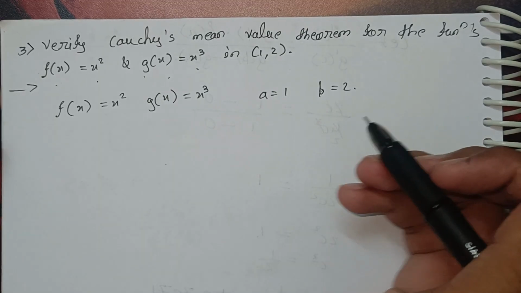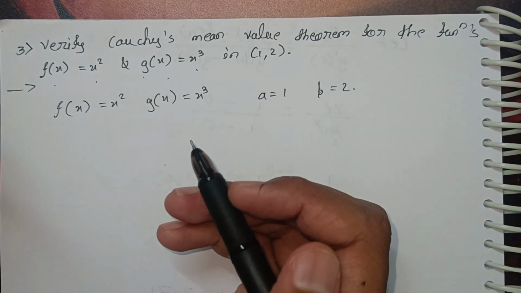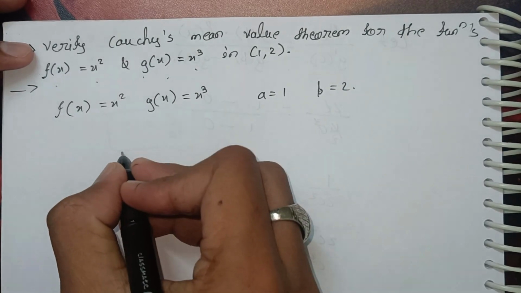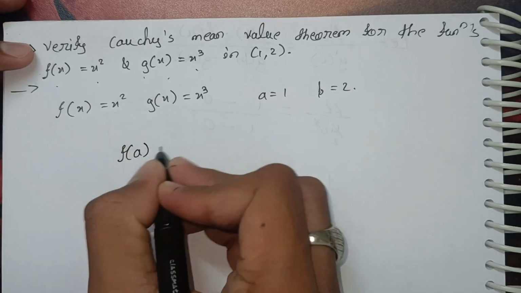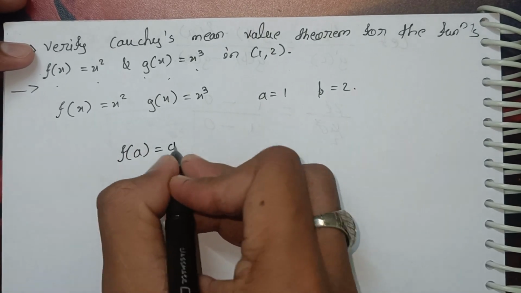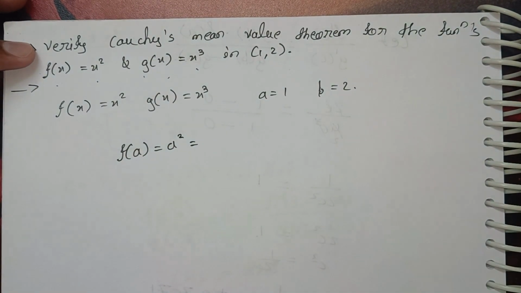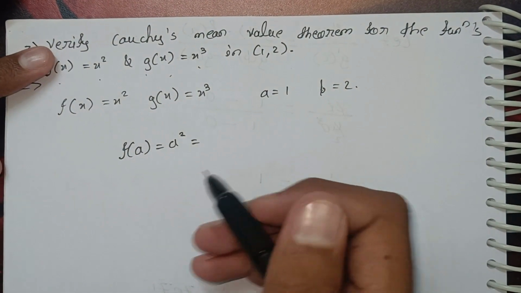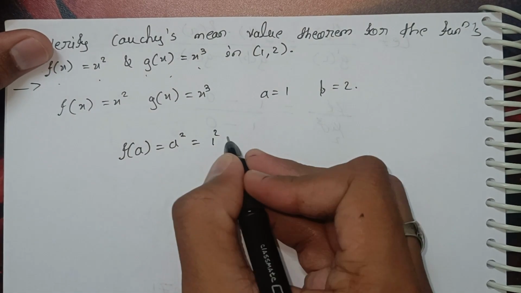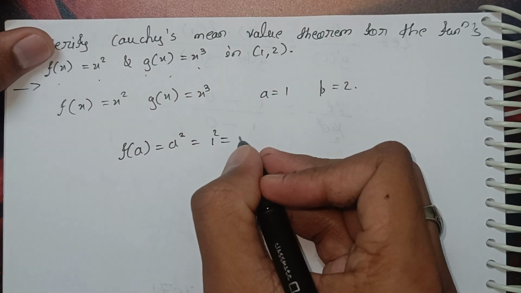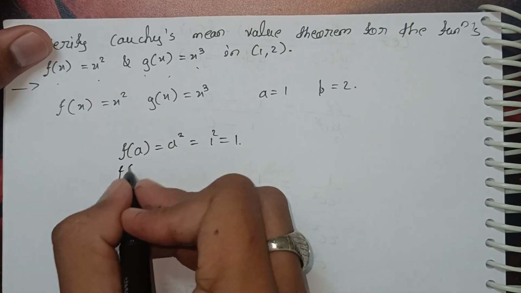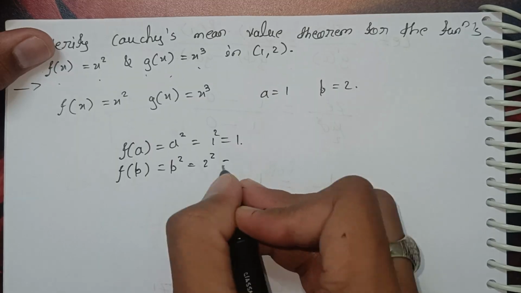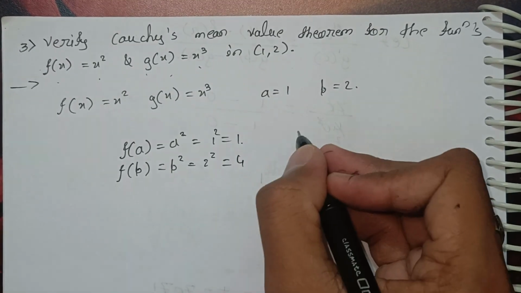So first we check the continuity of the functions. That is, f of a is equal to a square, which is 1 square, equal to 1, and f of b is equal to b square, that is 2 square, that is 4.